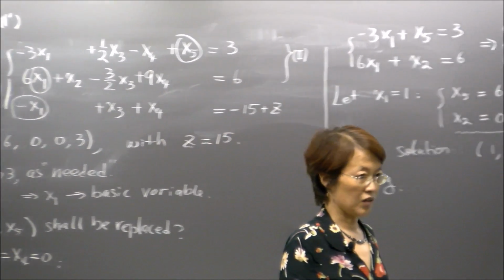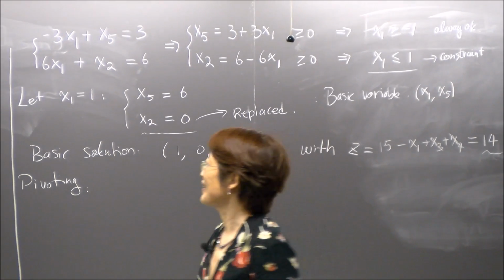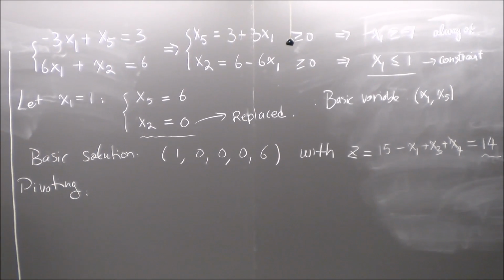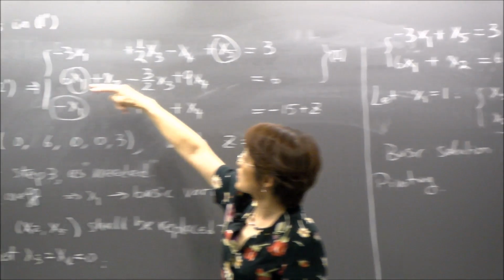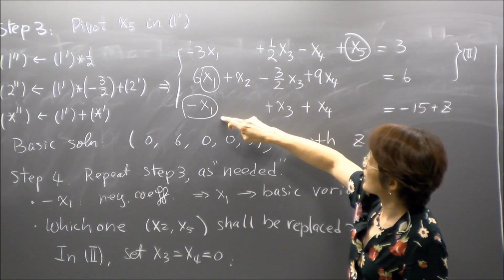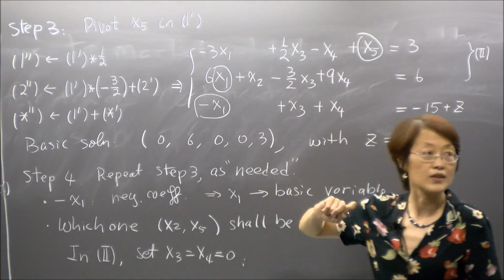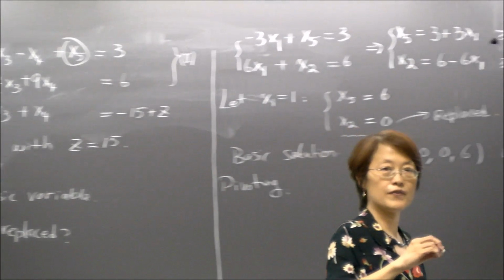Is it okay I write out the end of this process? It's the same thing. Multiply this equation by 1/6, replace that, right? Multiply this with suitable coefficients and add on top of the first or the last to make this x1 disappear, right? Okay, so is it okay I give you the final form?